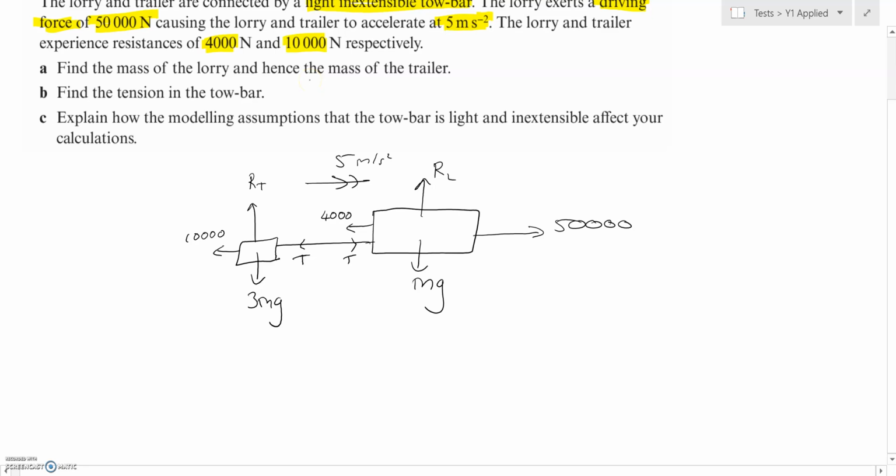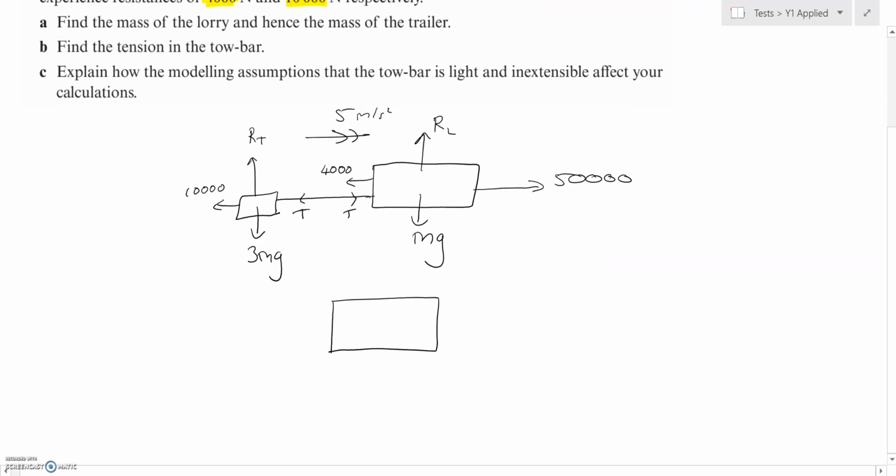Okay, so you're going to be careful about what you do here. Which one should we use? You can treat it as one big particle like we did in question 1. So if we put it together, we're going to have a weight of 4mg, and it's going to have a total reaction.